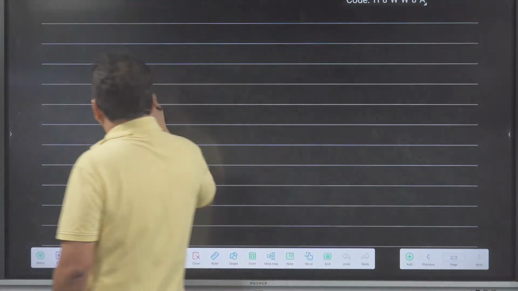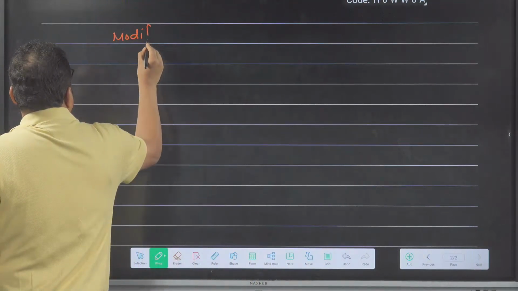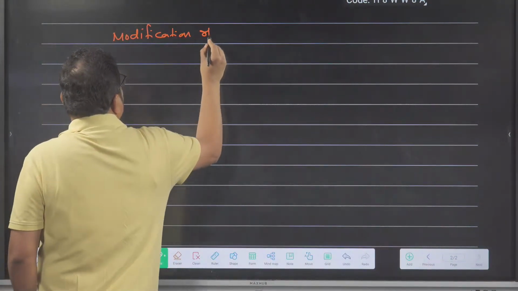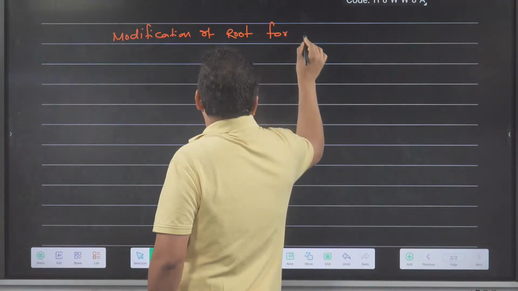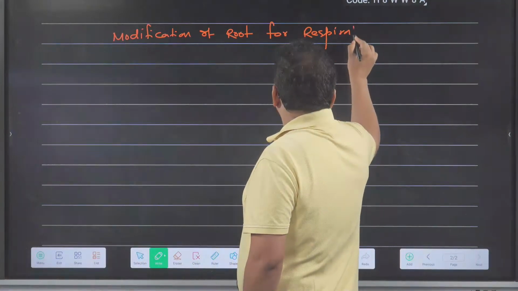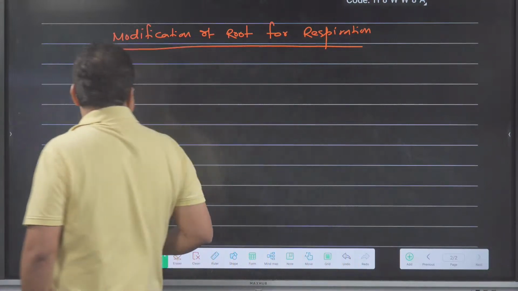Now we are going to talk about modification of root for respiration. Got the idea?